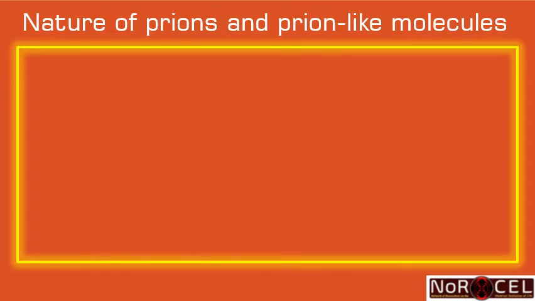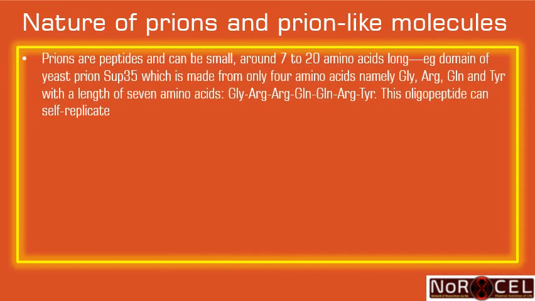Nature of prions and prion-like molecules. Although I've already made the statement that prions are peptides and can be small, around 7 to 20 amino acids long, now I'm saying that a domain of the yeast prion SUP35, which is made from only 4 amino acids, namely glycine, arginine, glutamine and tyrosine, with a length of 7 amino acids, can self-replicate.